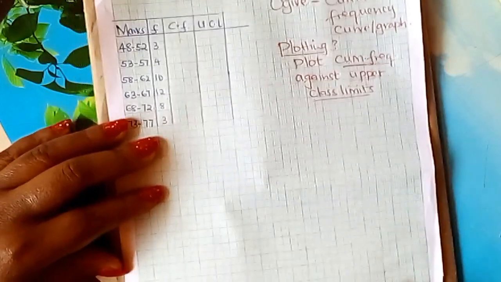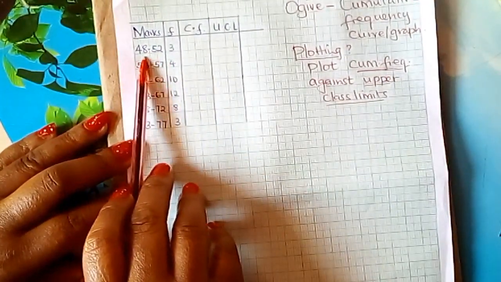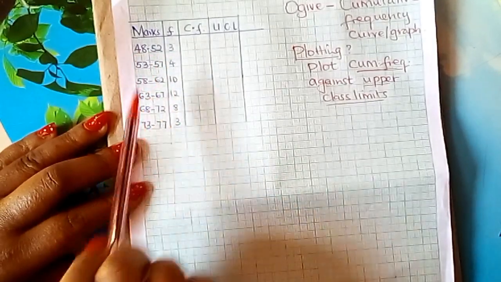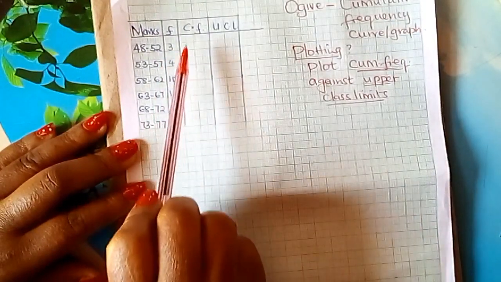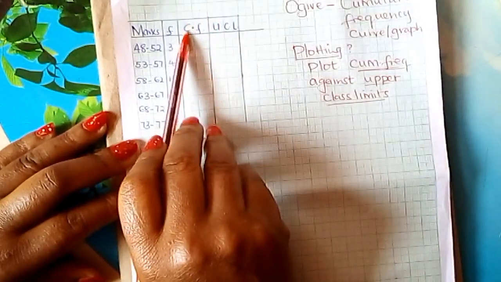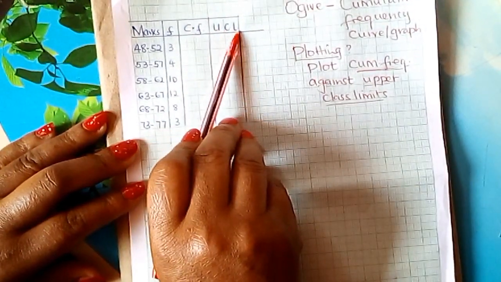Now, we need to come to this table. This is the question that was brought in that year. These are the classes, and these are the frequencies. So we need to fill in the column for cumulative frequency, CF, and upper class limits, UCLs.